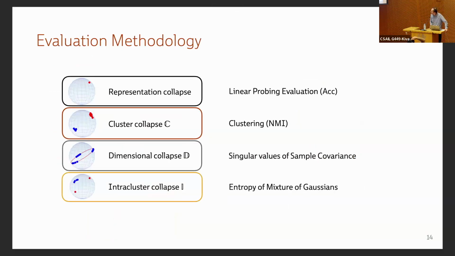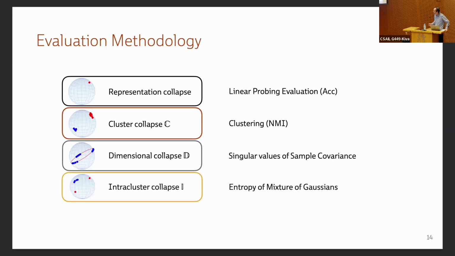Now, we discussed the different collapses. We are going now to propose a methodology for evaluating these kinds of issues, and we are trying to understand the performance of these models related to the question that you were asking before. So we adopted the typical strategy of training a linear classifier and measuring the accuracy on how the neural network learns this representation.